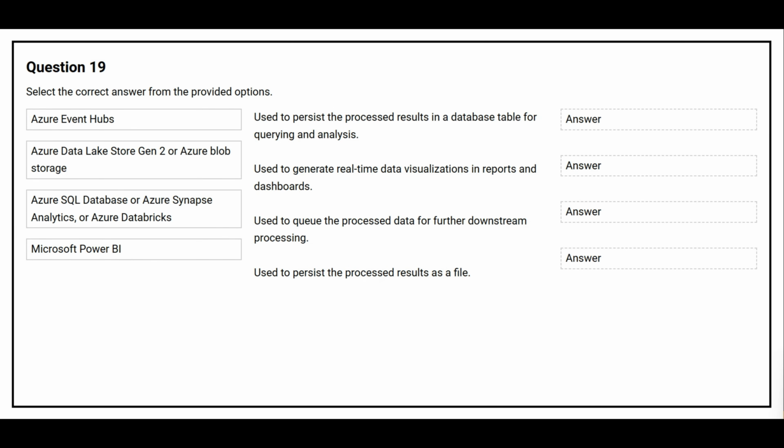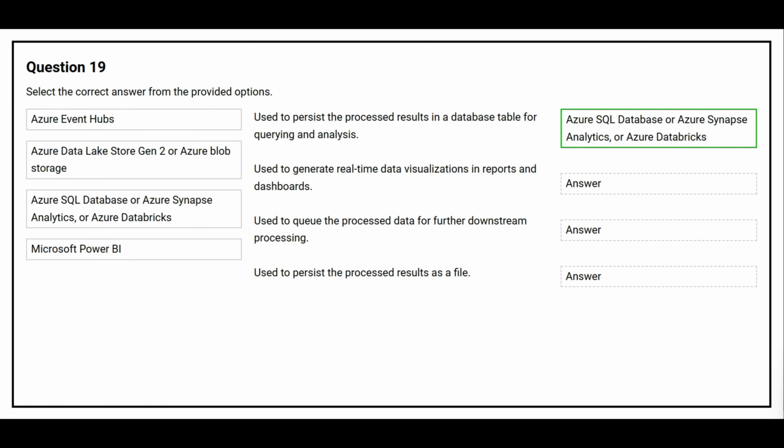Question number 19. Select the correct answer from the provided options. The first question is, use to persist the process result in a database table for querying and analysis. The correct answer is Azure SQL Database, or Azure Synapse Analytics, or Azure Databricks. The second question is, used to generate real-time data visualization in reports and dashboards.